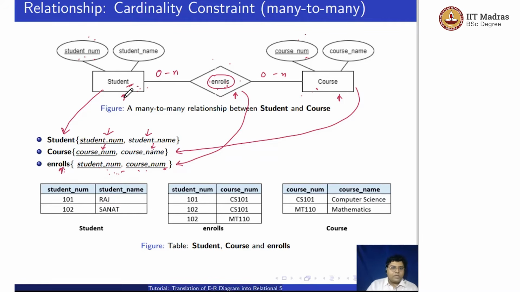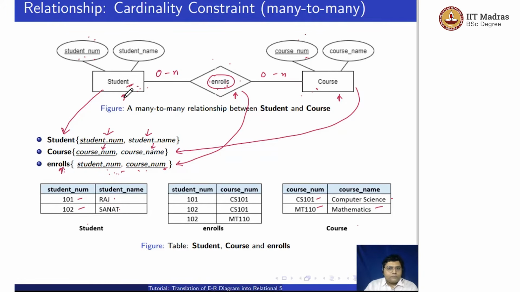So let us go for an example. We consider the student table. We have two students, Raj and Sanath. Their student numbers are 101 and 102, and there are two courses, computer science, course number CS101, and mathematics, course number MT110.